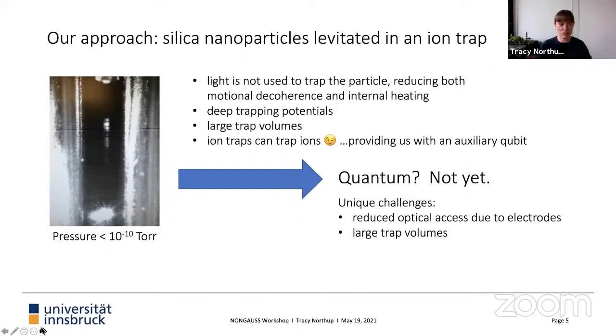Also, the large trap volumes make things a little bit more complicated in terms of optical cooling. But we've made some nice progress on this front in my group. And so what I'd like to describe to you is efficient detection as a route towards the quantum regime in these systems.